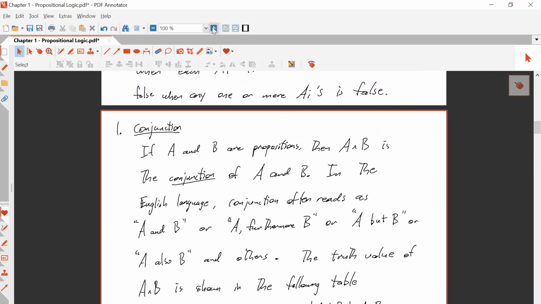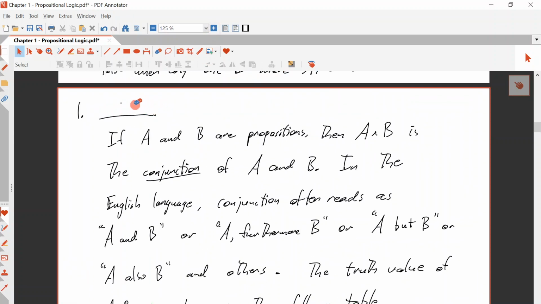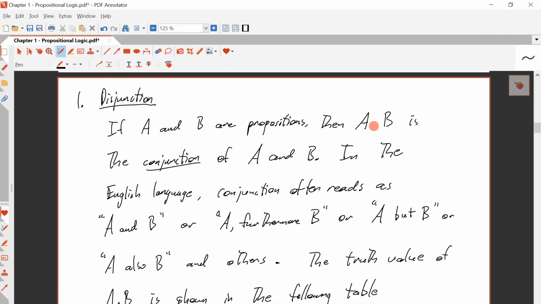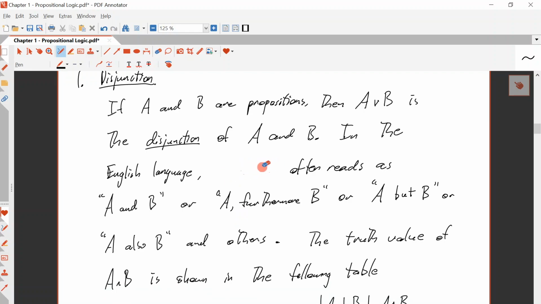If A and B are propositions, then A disjunction B is the disjunction of A and B. In the English language, disjunction often reads as A or B. And that's usually the way it goes.